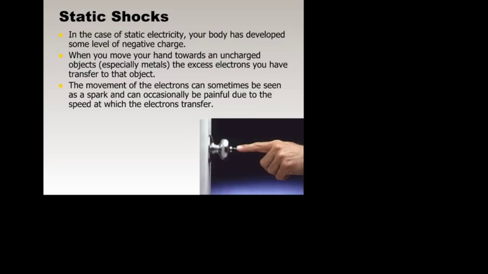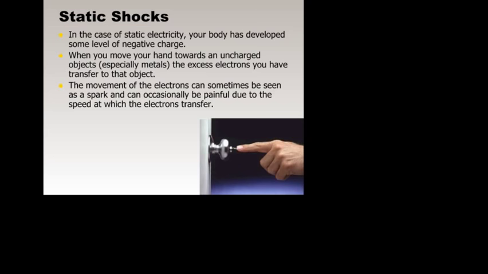And in the case of static electricity, let's say you have shuffled your feet across the carpet, your body picks up extra electrons and you gain a negative charge. So when you move your hand towards a neutral object, like a doorknob, the excess electrons you have want to transfer into that other object.